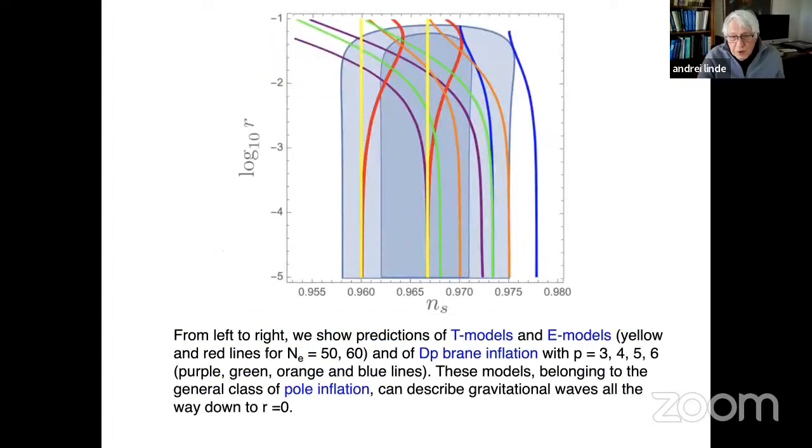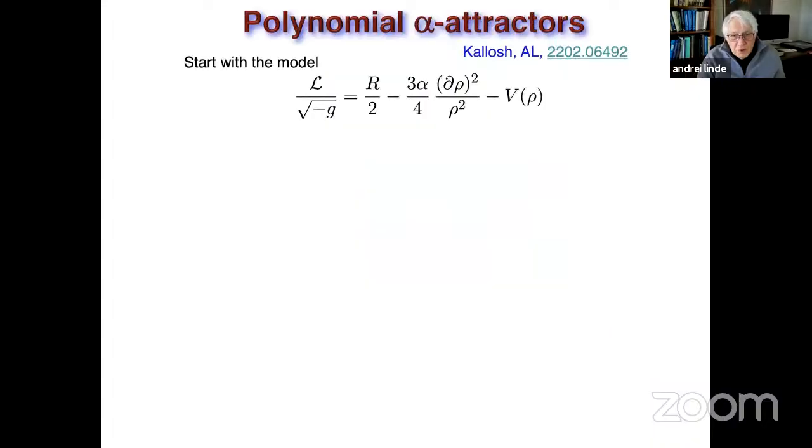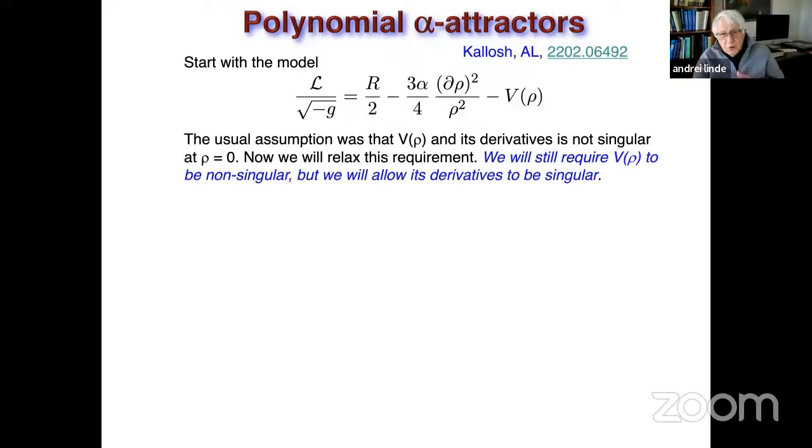And if we plot predictions for experiment using these models, then we will see here the yellow T-model alpha attractor, the red alpha attractor E-model, and all the rest are other models which follow either from D-brane inflation or from pole inflation. And it is also possible to obtain them from alpha attractors if you relax one of the standard requirements which we previously used.